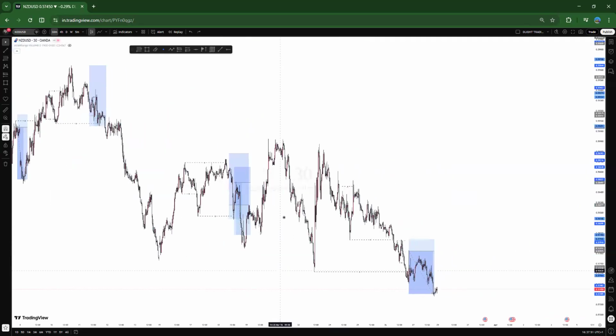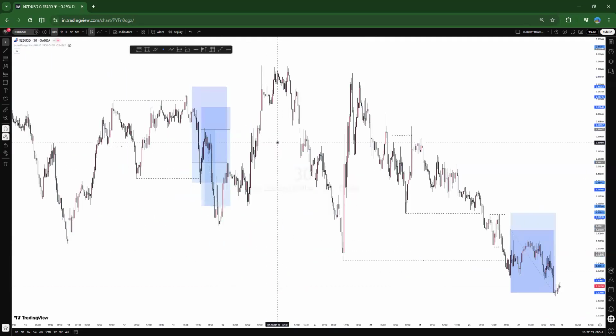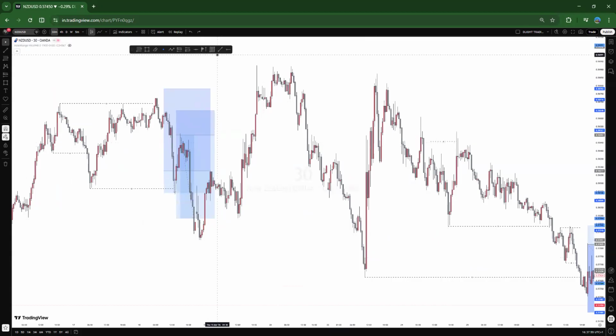Now, after price has done that, this was what happened. Same thing that happened on Euro USD. Price broke structure here, broke this guy here, right? So this would have been my entry, but I was currently not in the market.